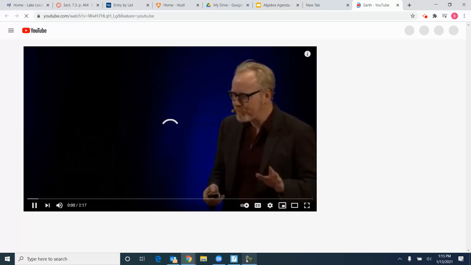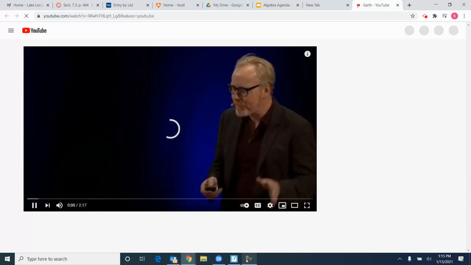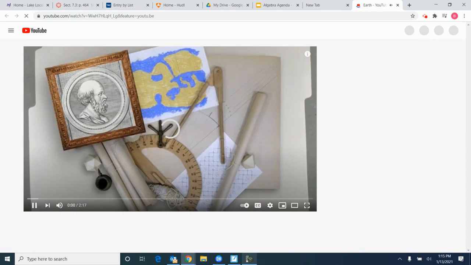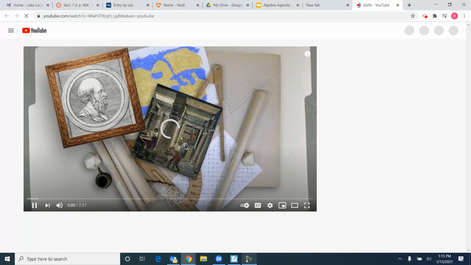Let's see here. While he's loading. Eratosthenes was the third librarian at the Great Library at Alexandria. Did I hit it? Wait. Let's see here. What's going on? Okay. All right. Third librarian at the Great Library.